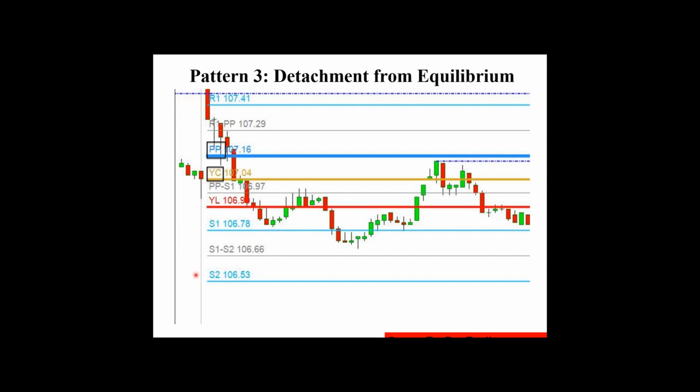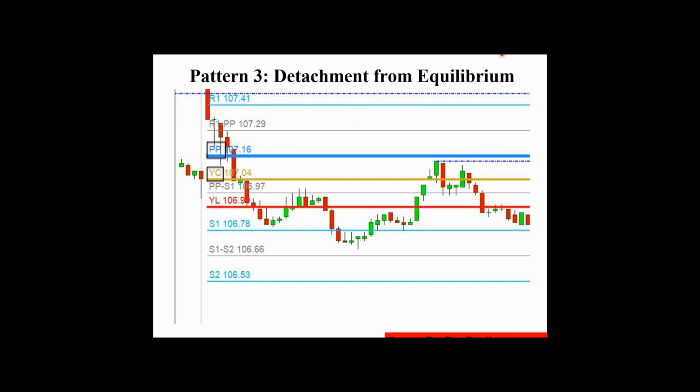But most people don't use them, and they are very powerful. They really work really well, especially if the previous day was a wide range day. And this is a way of finding support and resistance levels between S1, S2, R1, R2, etc.